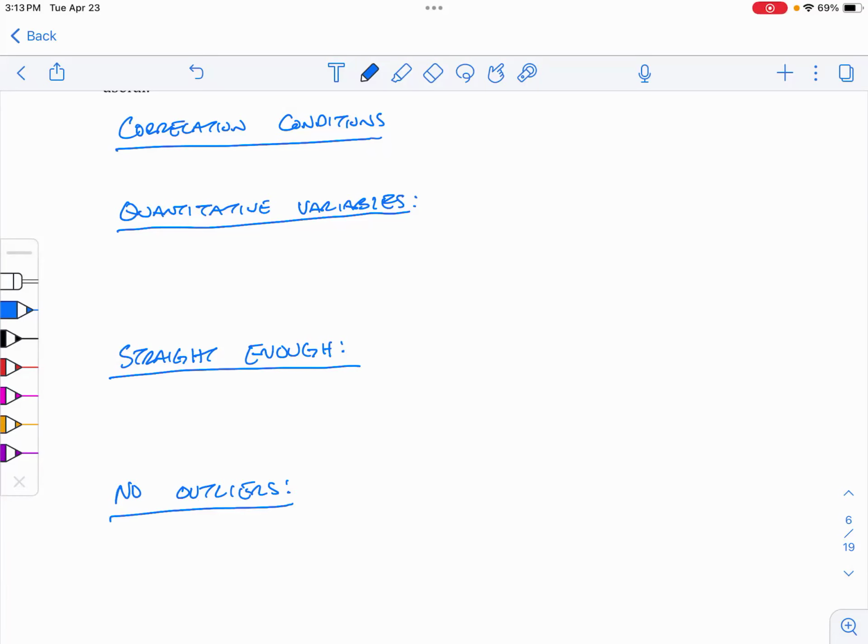And so we have three conditions, quantitative variables. So this one is, again, just about asking ourselves. All right, and we already kind of checked this when we were creating our scatter plot. Can you have an average fuel consumption and it makes sense? Yes. Can I have an average number of rail cars attached to the train and does it make sense?